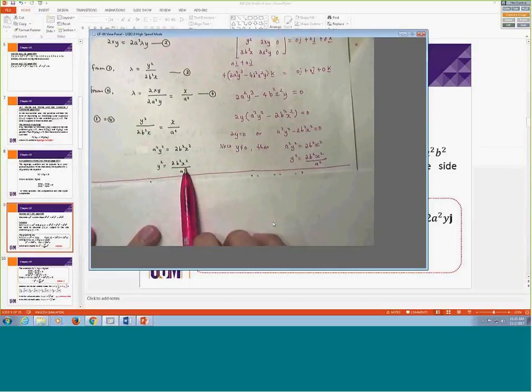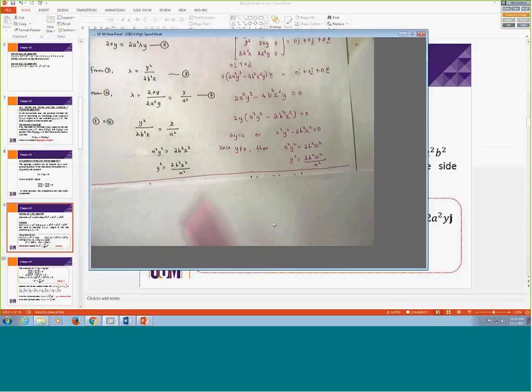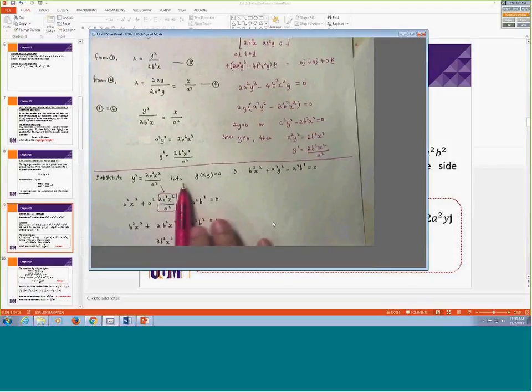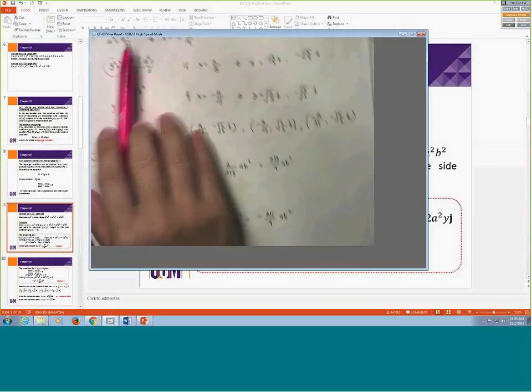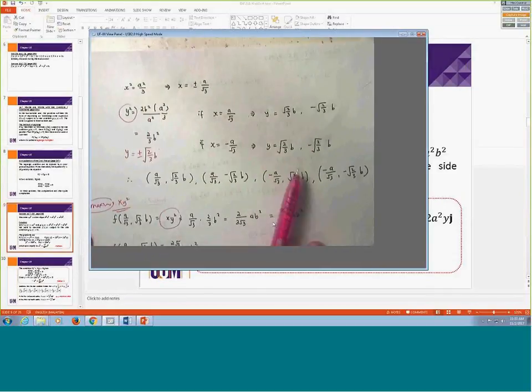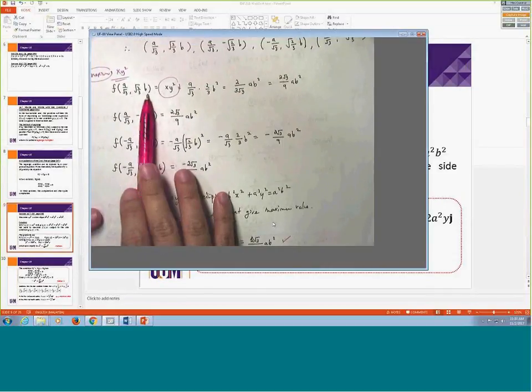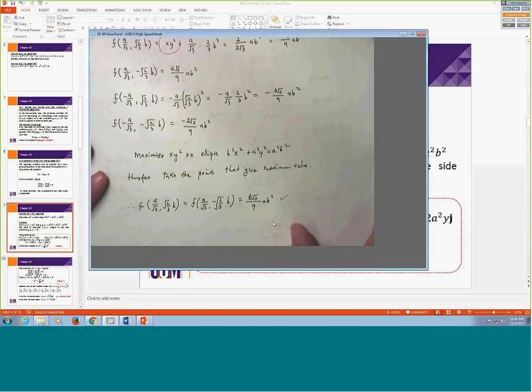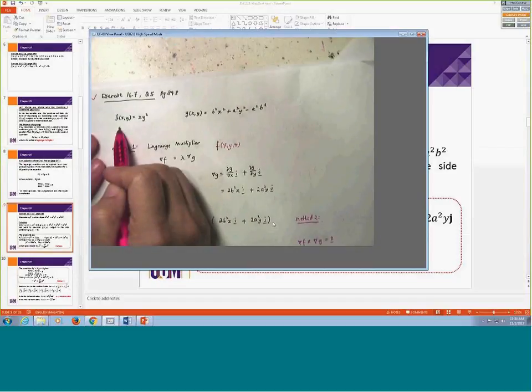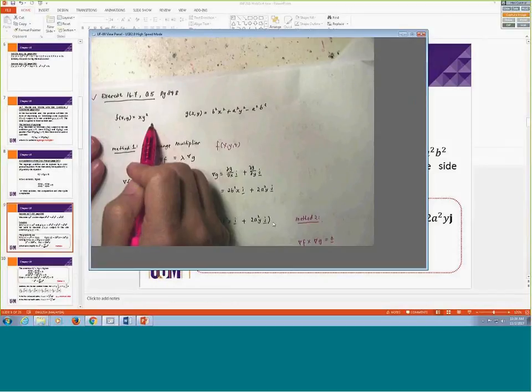Then the next step will be the same. Substitute into g(x,y), find the x, y that fulfill it, then substitute into f. Whichever gives the maximum maximizes the function, and the minimum value minimizes the function. So this is finding the maximum or minimum with side conditions.